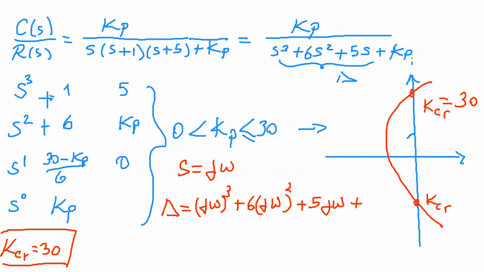Kp is 30, I put 30, which is equal to 0. Delta is equal to 0.